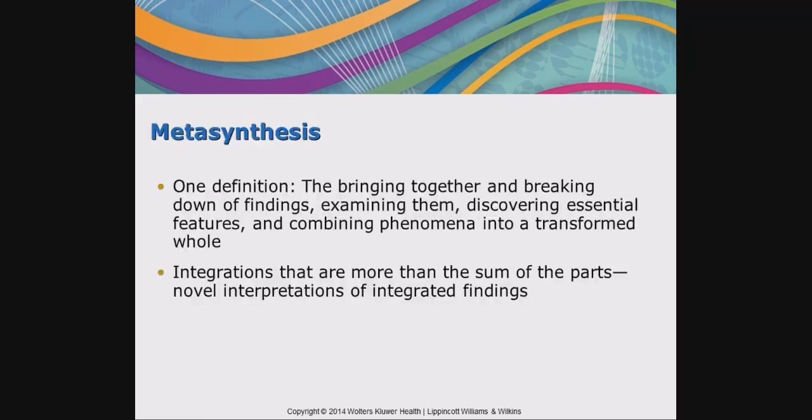All right. Now, the second type of systematic review is the meta-synthesis from qualitative studies. The goal is to offer a novel interpretation of findings, new ways of thinking about phenomena.